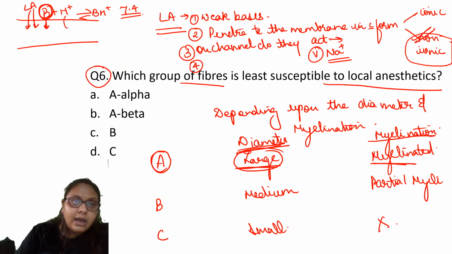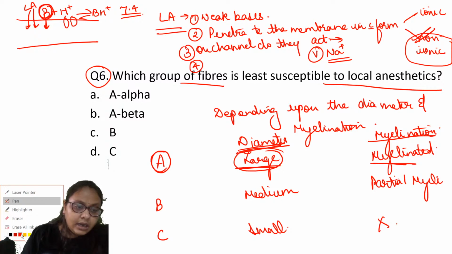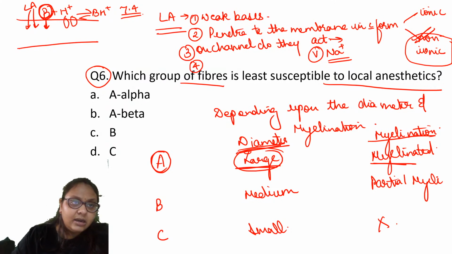I'll just change the color. Here, Dr. Siva, is it clear? Any doubts in this? These are the voltage gated sodium channels through which the influx of sodium takes place normally. Now, what do these do?